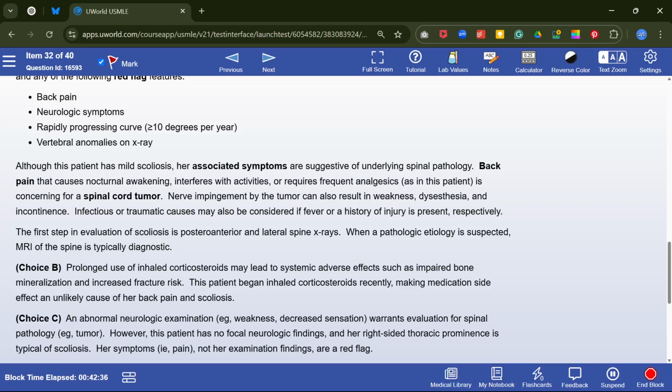The first step in evaluation of scoliosis is posterior-anterior and lateral spine X-ray. When pathologic etiology is suspected, MRI of the spine is typically diagnostic.